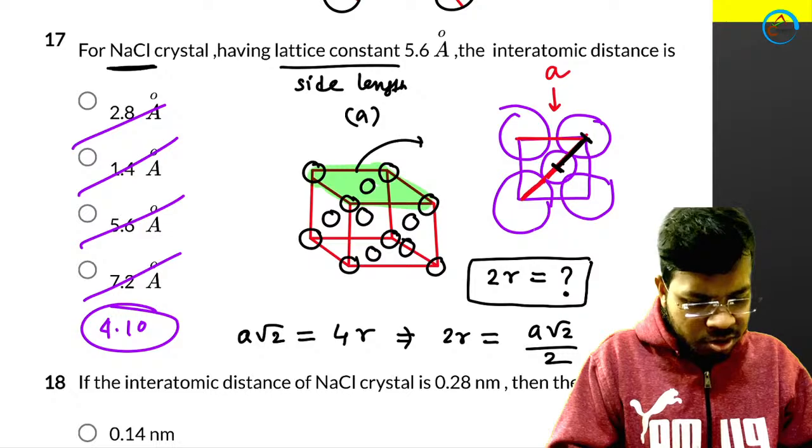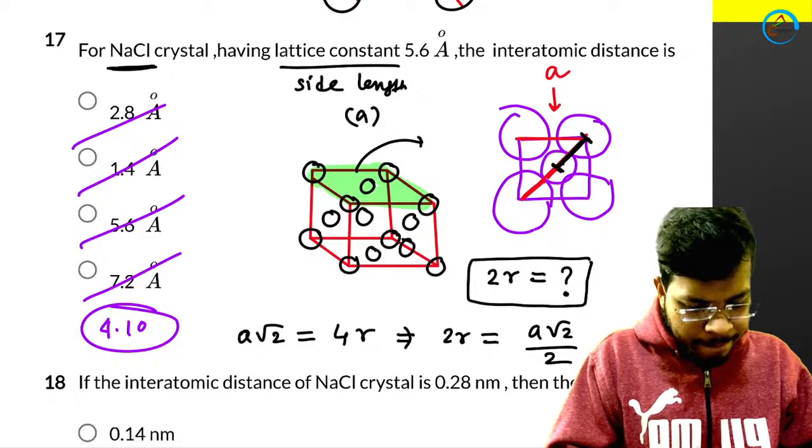Just give me some time. Let me check this thing. Let me check the lattice structure.